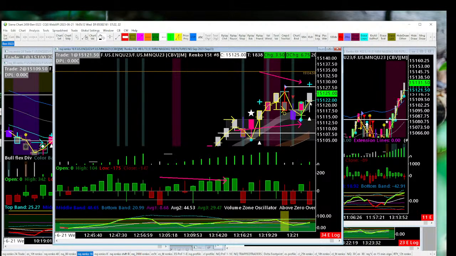So the amount of selling that happened in the wick was bigger than the amount of buying that happened into the close. It may have done some buying earlier, but by the time it closed, like see this, that's the buying. That's this high. At one point, it was that different to the upside. But by the time it closed, most of the traders in here did their business at the bid.